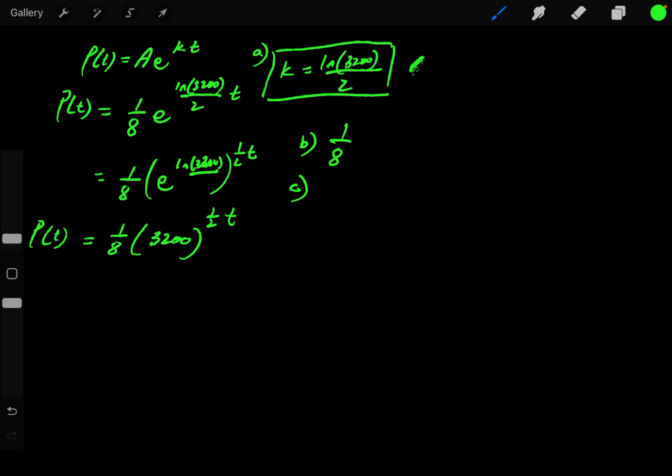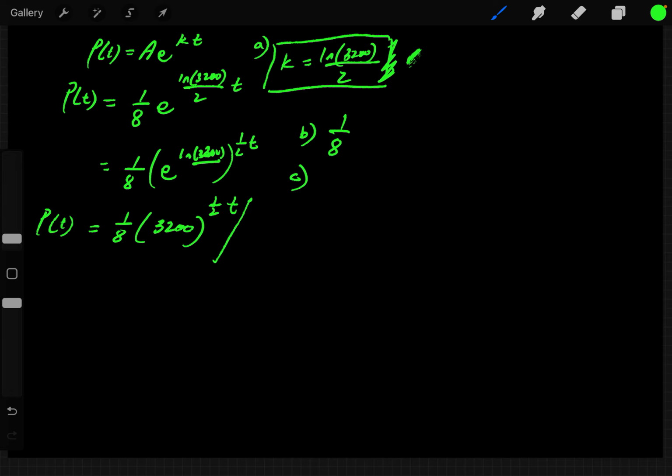Find an expression for the number of bacteria after t hours. Oh, they want it as a percentage, this number, but okay, whatever. C, it says find an expression for the total number of bacteria. That's this, after t hours. Find the number of cells after 4.5 hours. Find the growth rate after 4.5 hours.